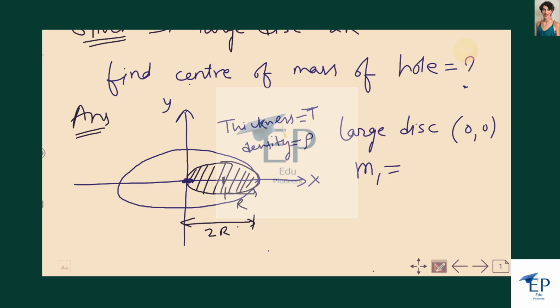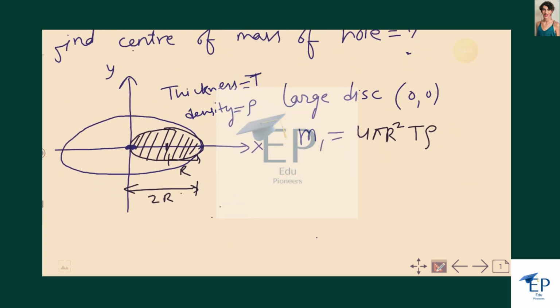So the mass of the large disk is equal to 4 pi r square times thickness times density. Now look at the hole.